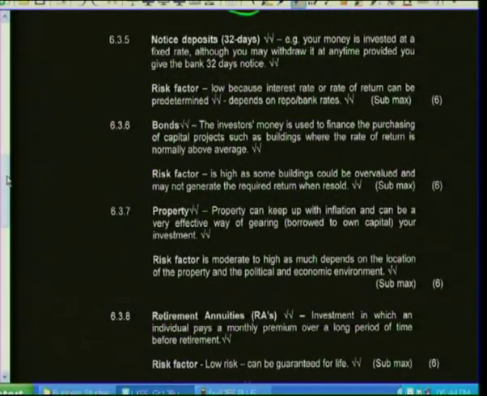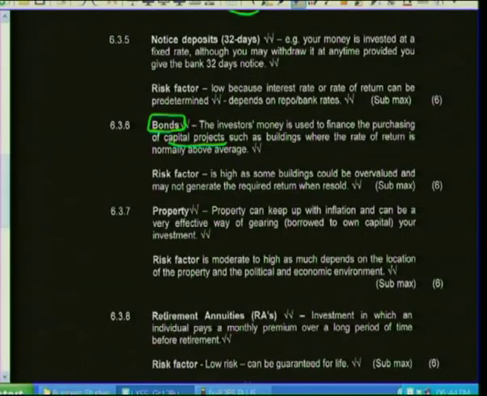Then I want to skip here to bonds. A bond is something that I need to buy a house or to buy a building. They're saying here, this is for big capital projects such as buildings, where our rate of return is normally above average. Rate of return meaning your interest that you're going to get back. So it's a very good investment choice.